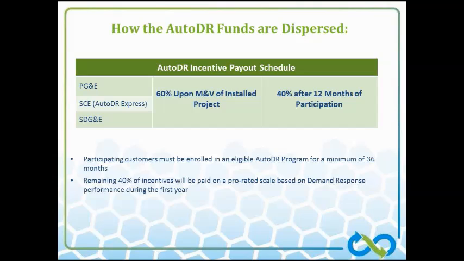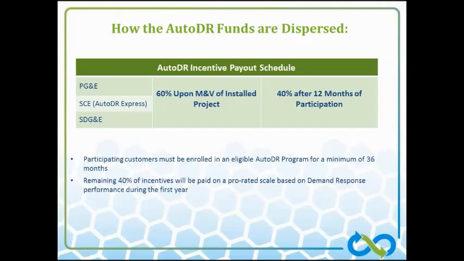So what that means is that upon installation of your AutoDR system, whether that be a REGEN system for your HVAC units, whether that be a SCADA system for a water district, or a lighting control system to shed warehouse lighting, 60% of that project is paid upon installation and then proving the AutoDR capability, meaning that you've been able to receive the signal from the utility and execute the demand response measures.